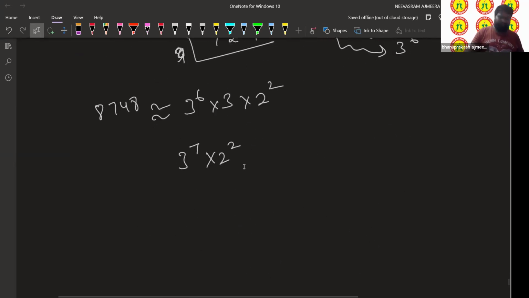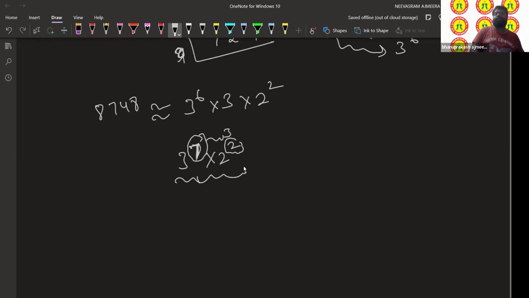Okay, so if you see here, divide this number. To divide this number, what should I do now? Again, the power should be a multiple of 3 so that it will become a perfect cube.